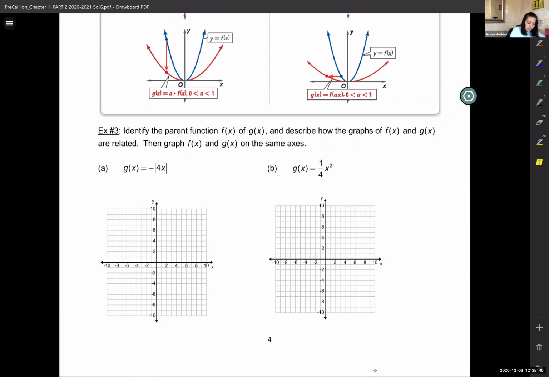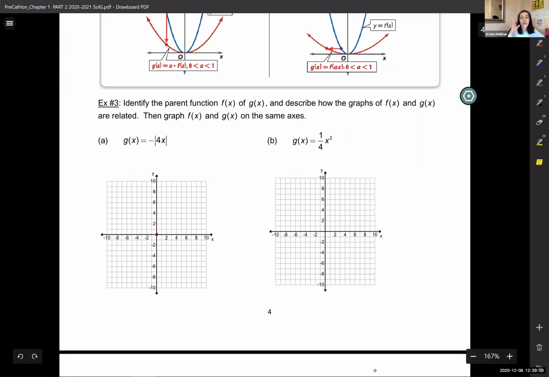G of x is negative 4x in an absolute value. So there is no horizontal or vertical reflection here. This is an absolute value graph. So when you see an absolute value function, you know it's going to look like the V. Vertex is at the center here, at the origin. Okay, and then do whatever works for you.